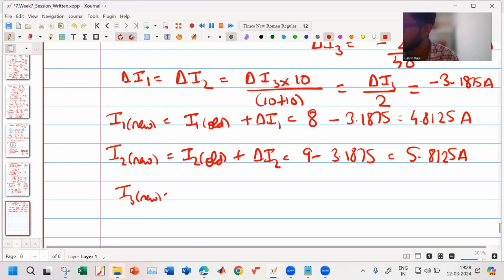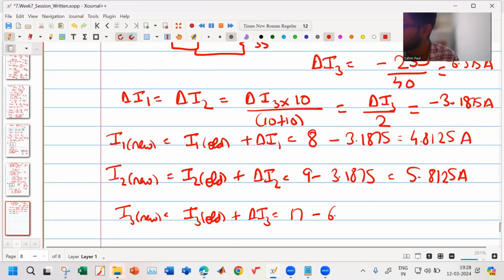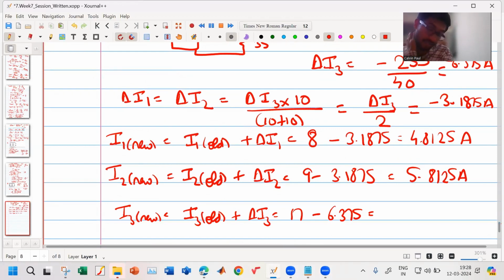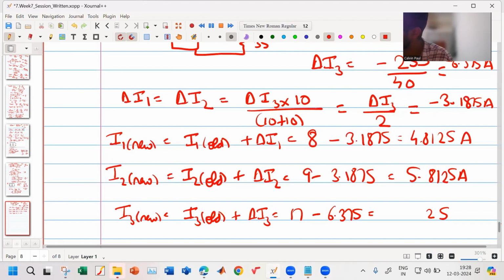10.625. Okay. So you guys are so fast calculating. Using the calculator, sir. Okay, very good. But try to minimize calculator usage. So this will be equal to 5, so 10.625 ampere, right?